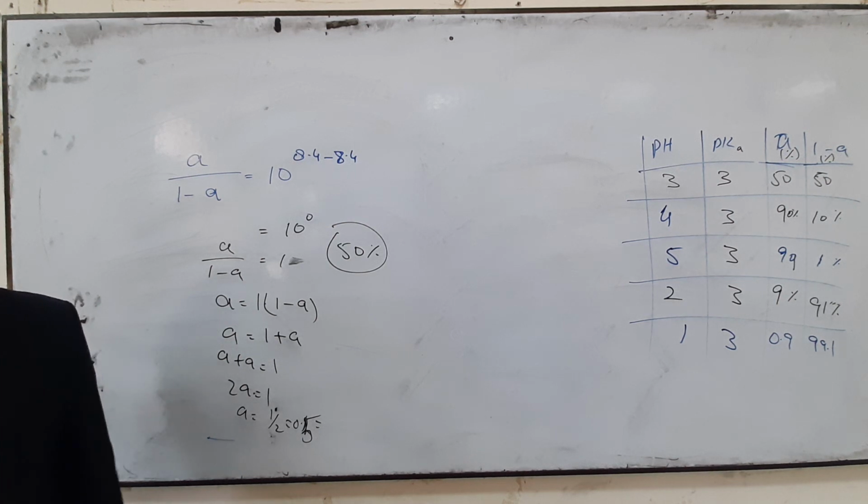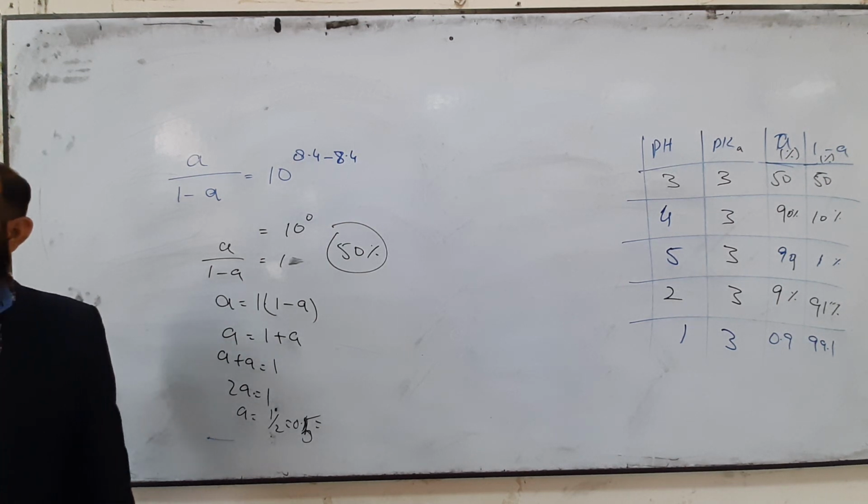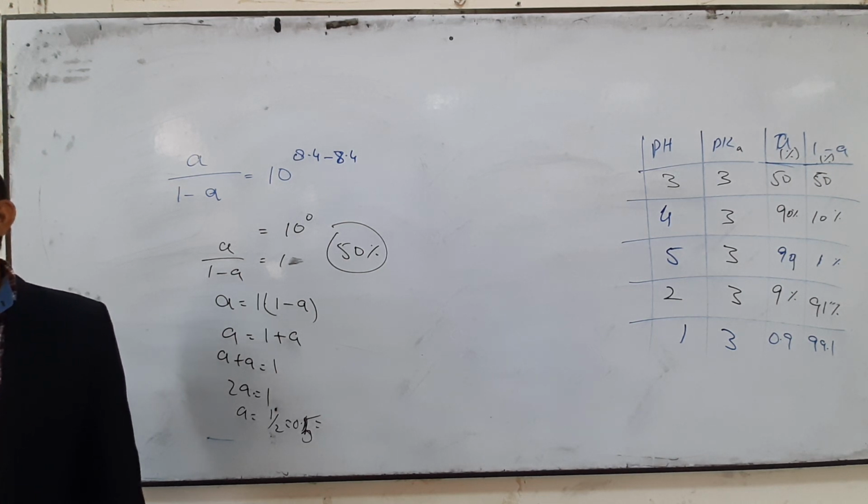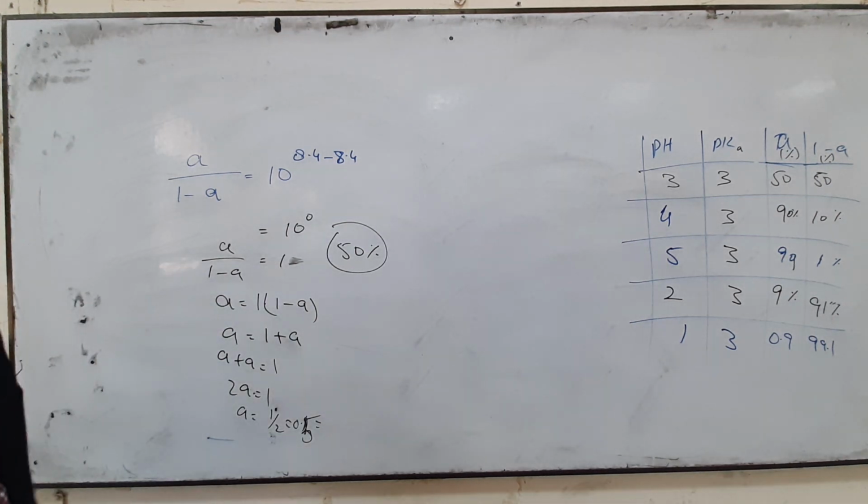Now our conclusion: if the drug is weakly basic and its pKa value equals the pH of the medium, then 50% of drug is in ionized form and 50% is in unionized form. Clear?